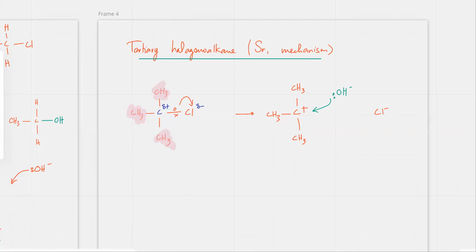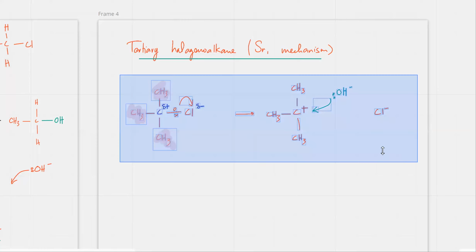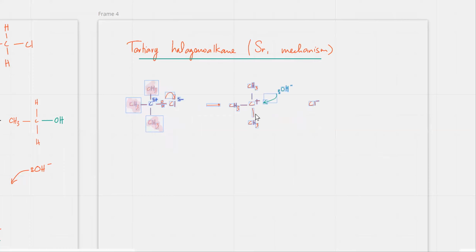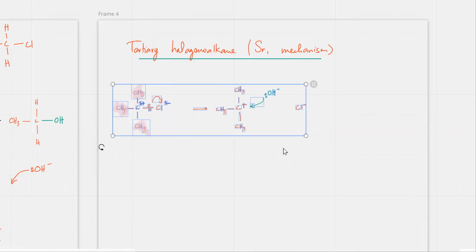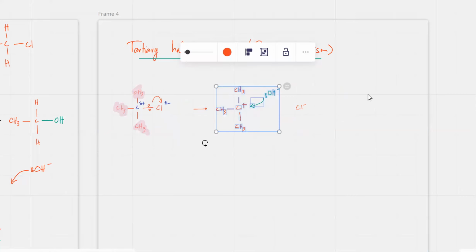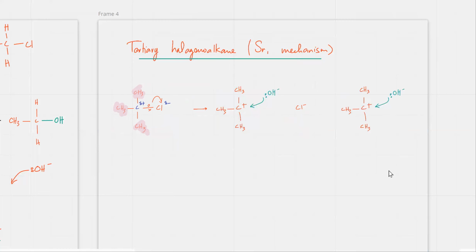It's a two-step reaction mechanism. You can draw the last step. So the OH will eventually join in.